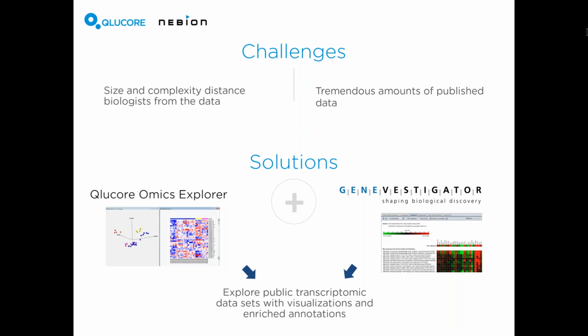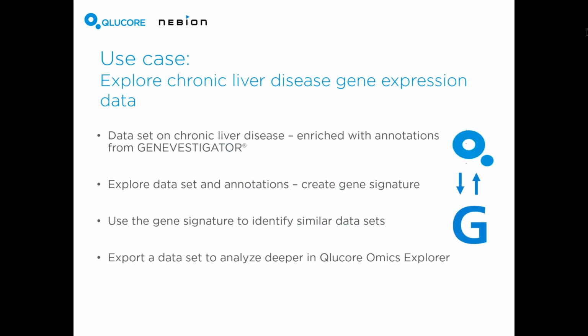In today's use case, we will use a dataset on chronic liver disease that has been enriched with annotations by the Nabion team and has been exported from Genevestigator into Qlucore using Qlucore's data format, GE data. Here we will explore, visualize, and analyze the dataset and the annotations, and we will use it to create a gene signature.